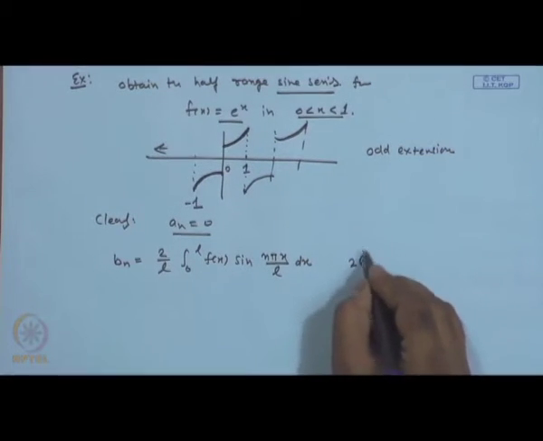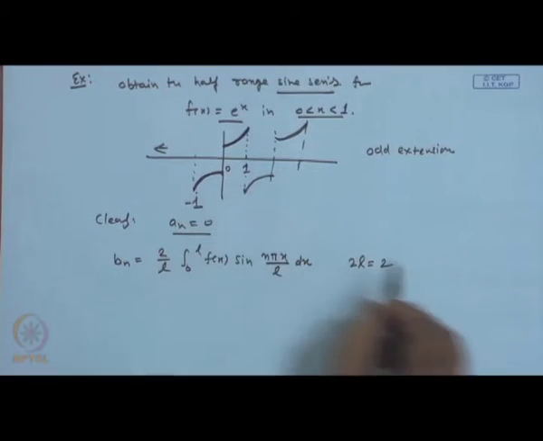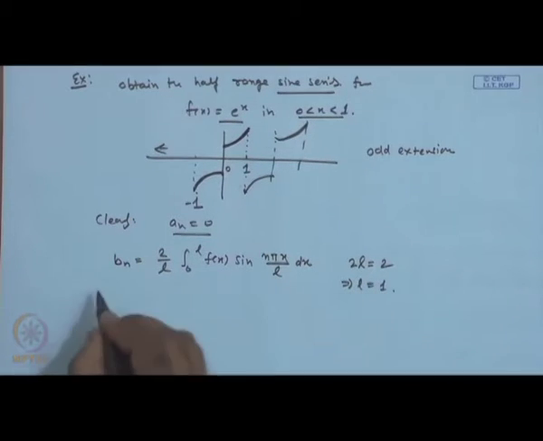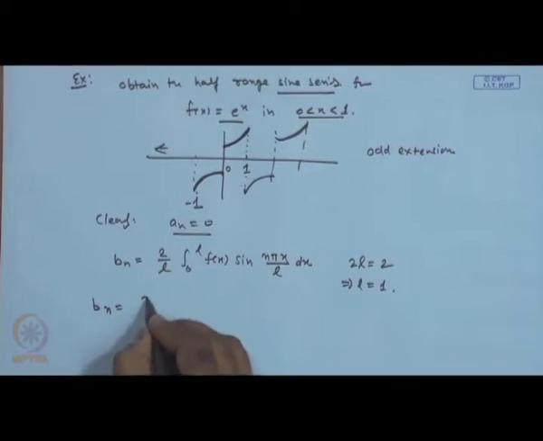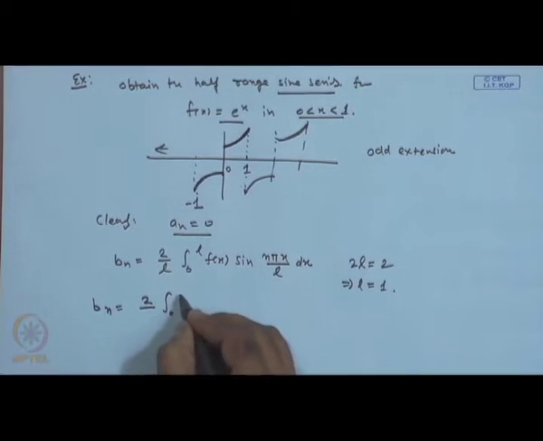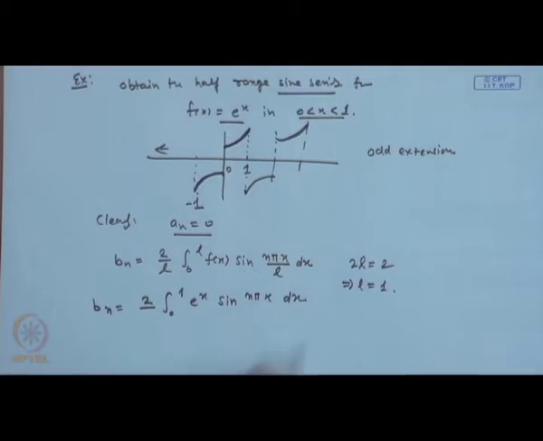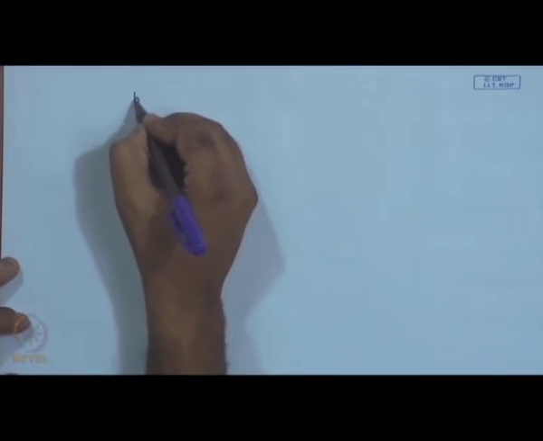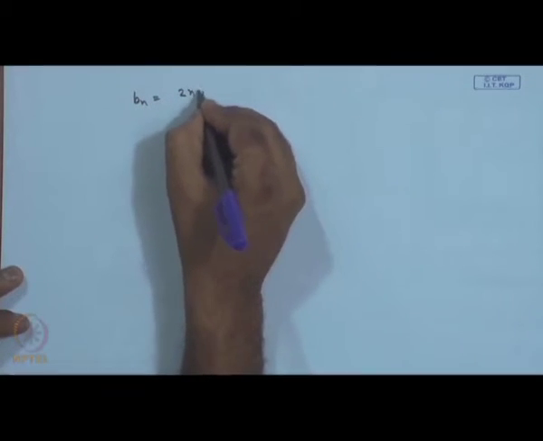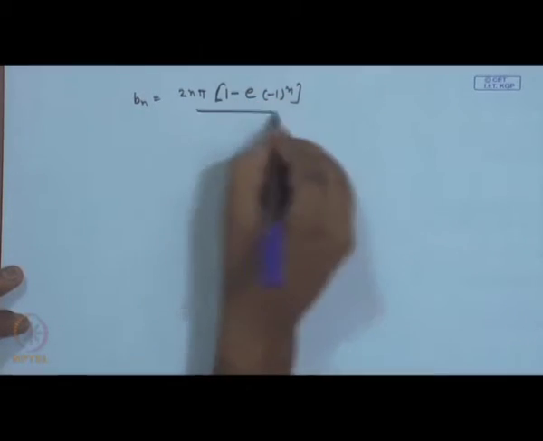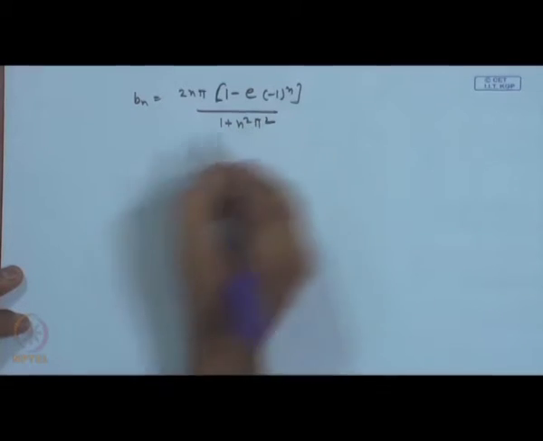In this case, our period 2L is from minus 1 to 1, that means L is 1. So, b_n is 2 over 1, integral 0 to 1 of e^x sin(n pi x) dx. So, we integrate this, and we get b_n = 2 n pi (1 minus e^(-1) to the power n) over (1 plus n^2 pi^2).